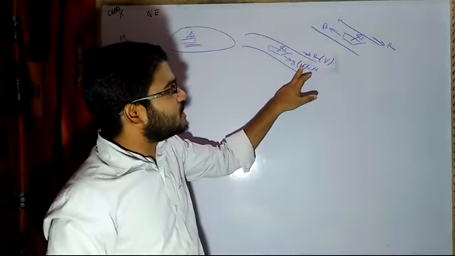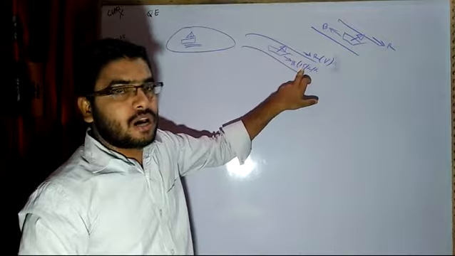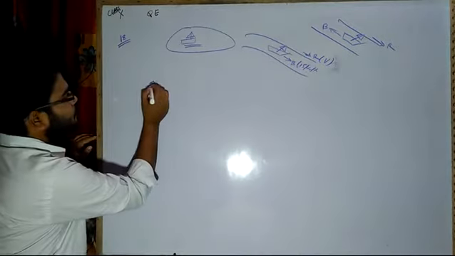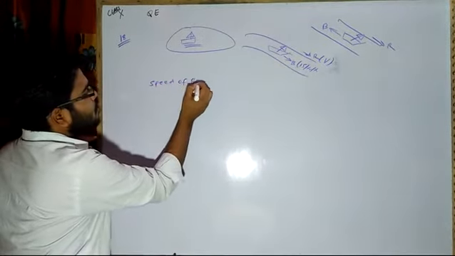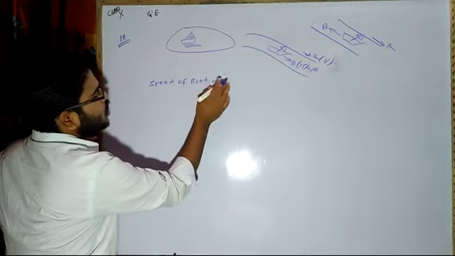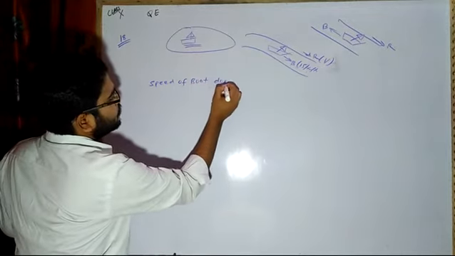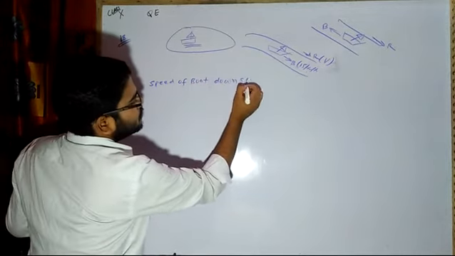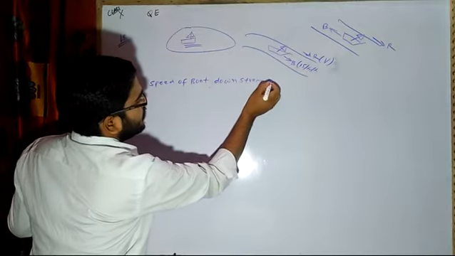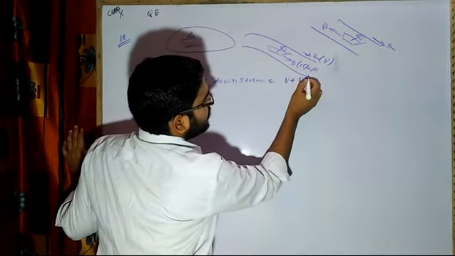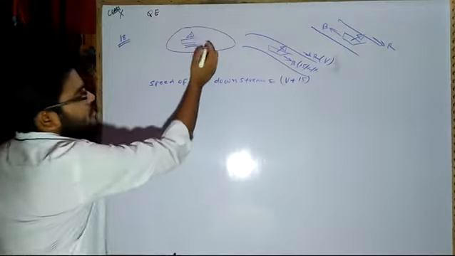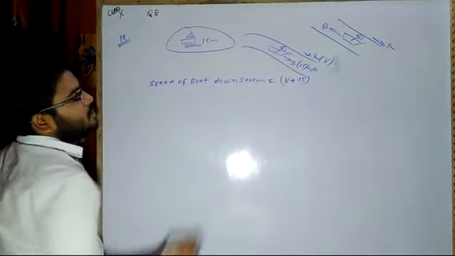So the speed of the boat downstream will be equal to V plus 15, because in still water it is 15 km/h.